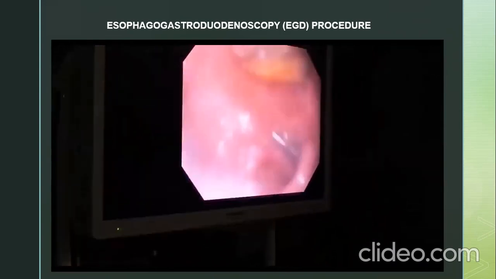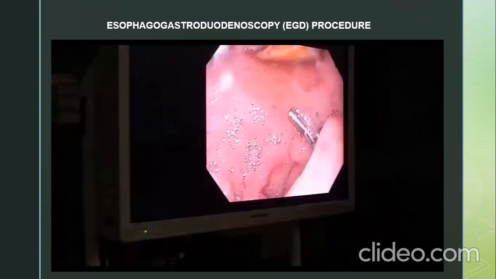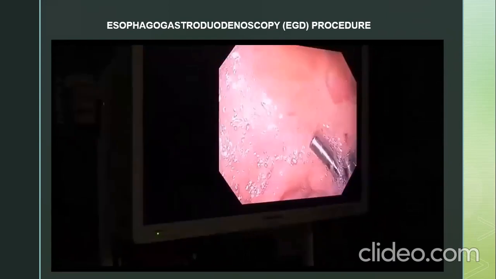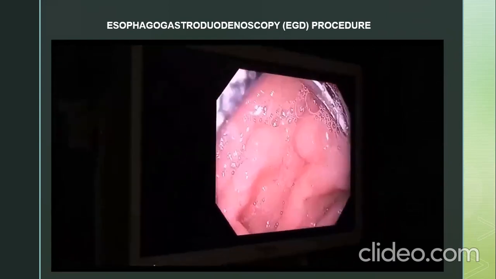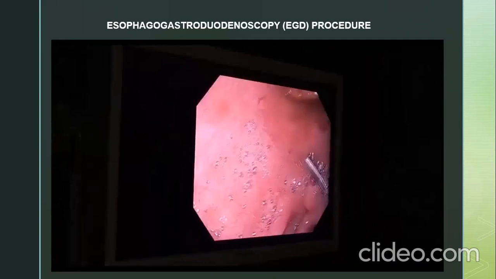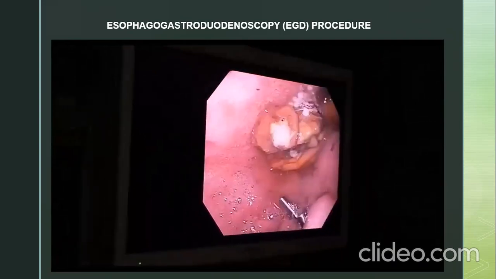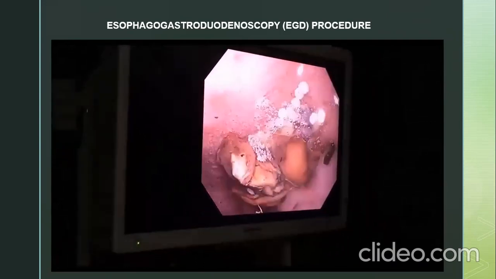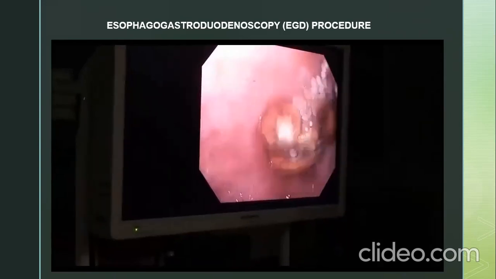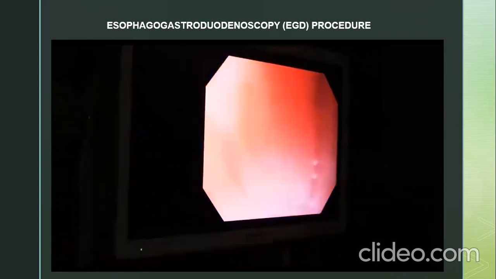Okay, you're good to go. What is that stuff, food? So that's the clip from the prior procedure, okay?